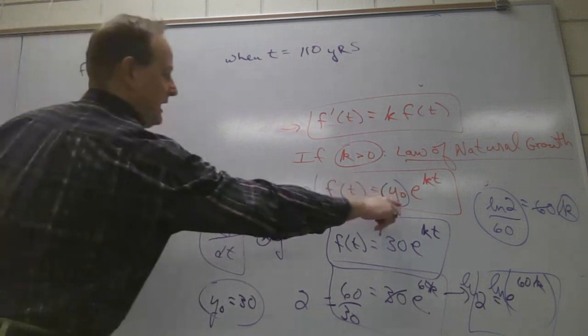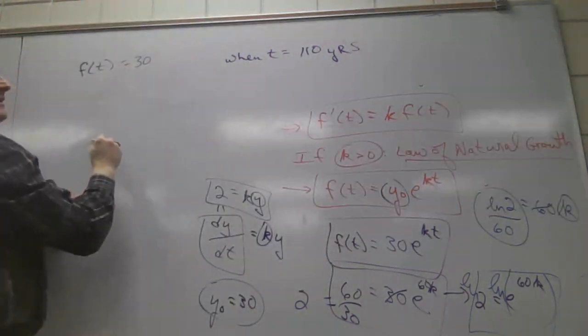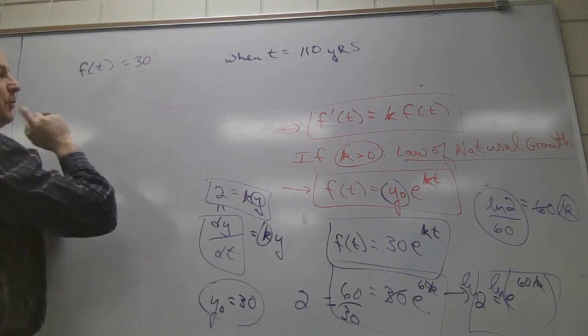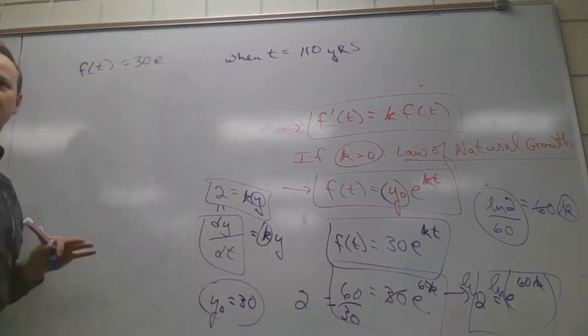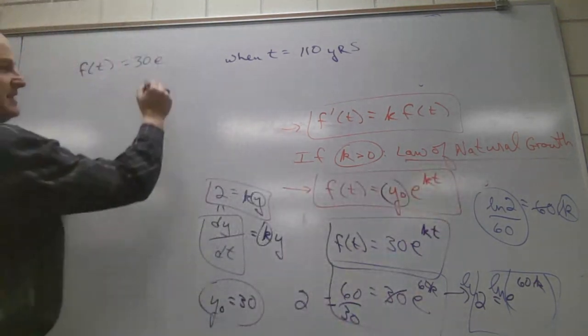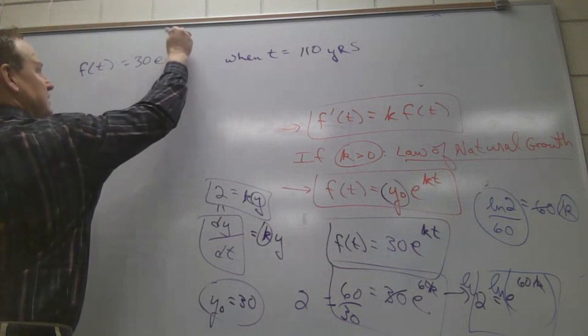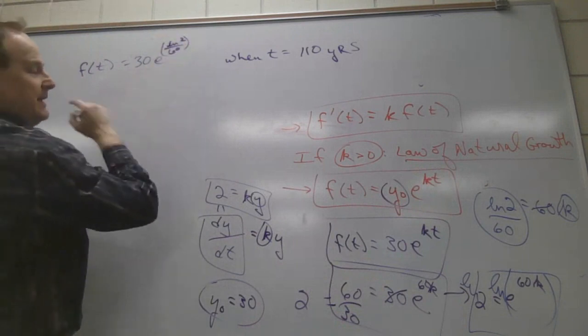What's f of t equal? It equals y0, which was 30, times e to the kt. So it's e to the (ln 2 over 60) times t, right?